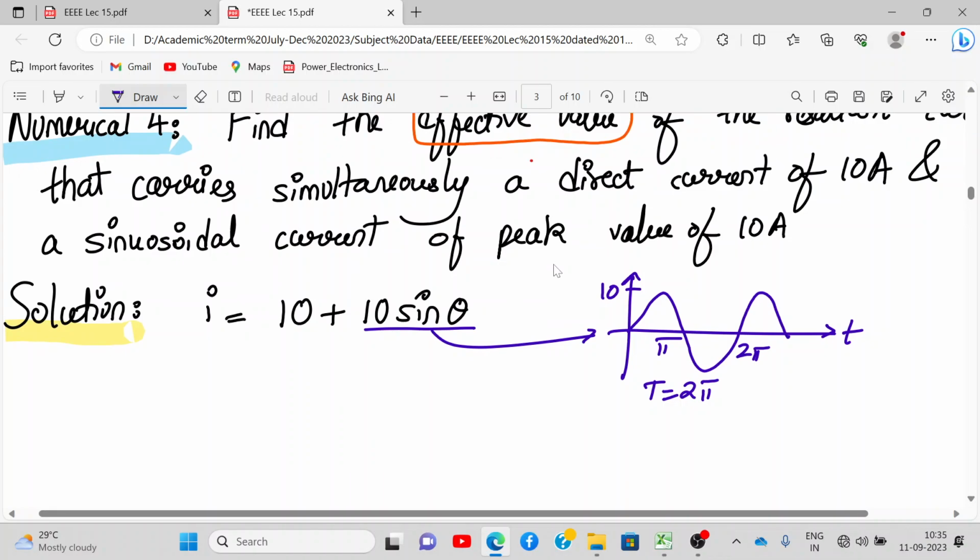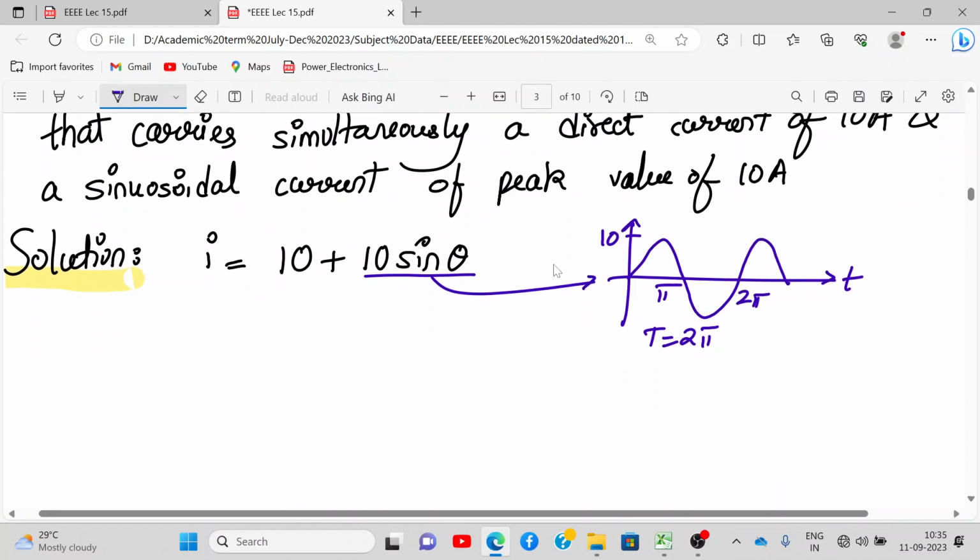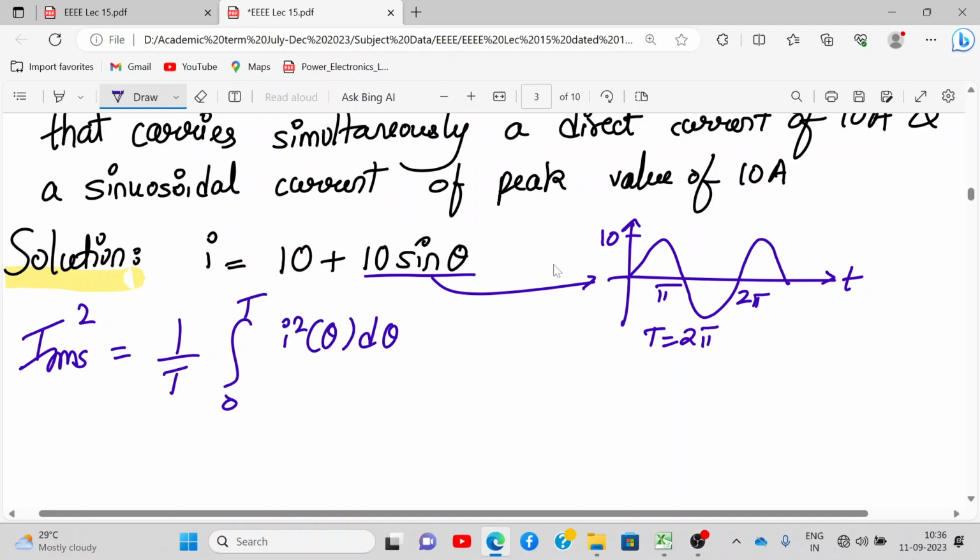Got it? Now we have to find I RMS square, I mean the I RMS value. So please write down I RMS square will be 1 by T, integral 0 to T of I square theta d theta. This is I of theta we can write.